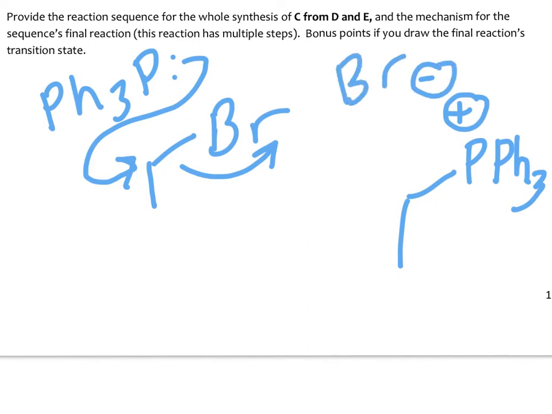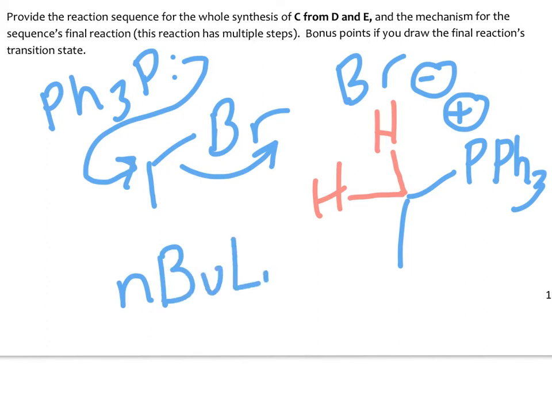So there are hydrogens on this carbon. And now that there is a positively charged phosphorus attached, these are going to become very acidic, or at least more so. So n-butyllithium looks like this.